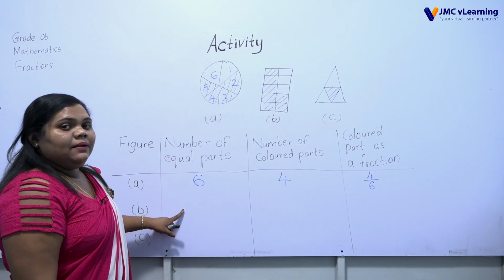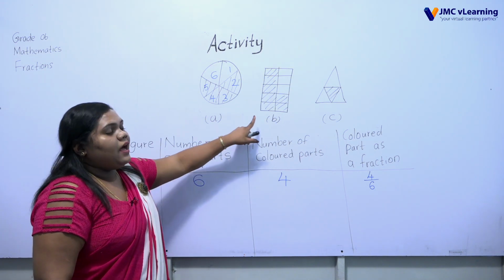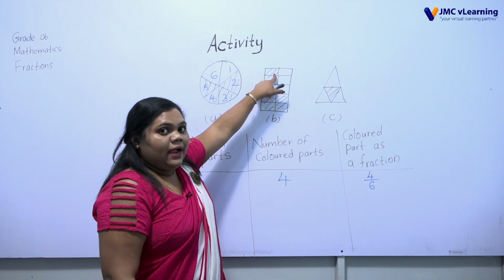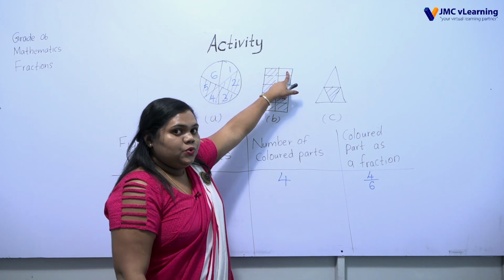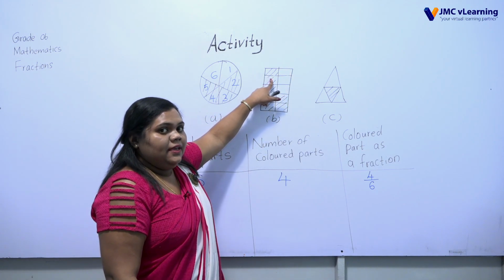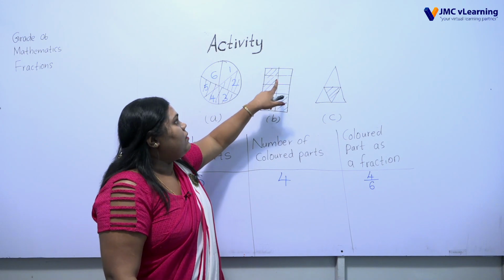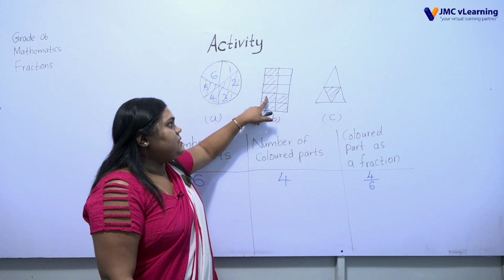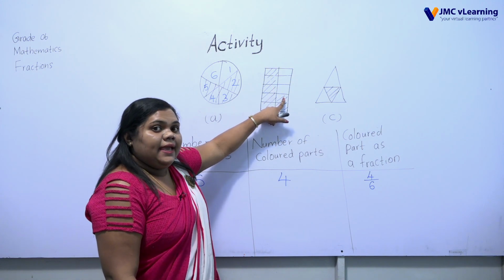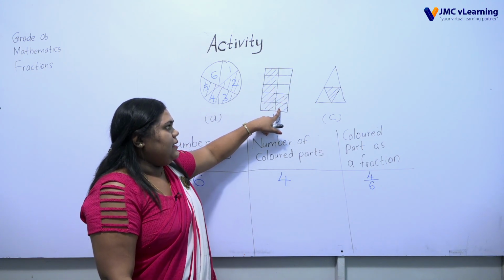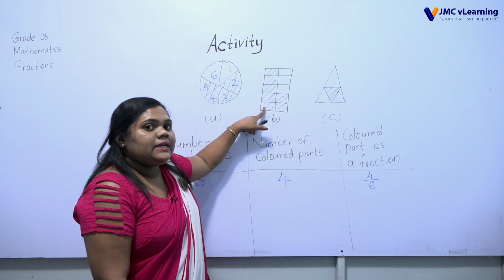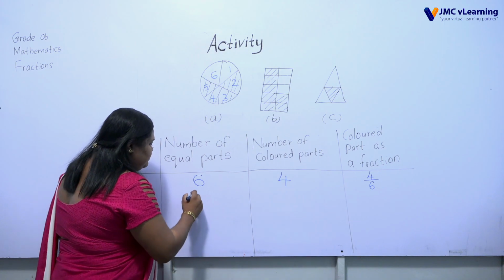Number of equal parts. How many parts are there? Shall we count? 1, 2, 3, 4, 5, 6, 7, 8, 9, 10. How many parts are there? 10 parts.